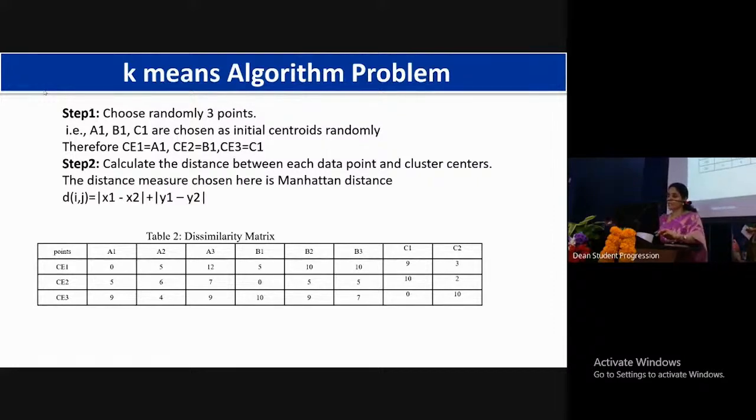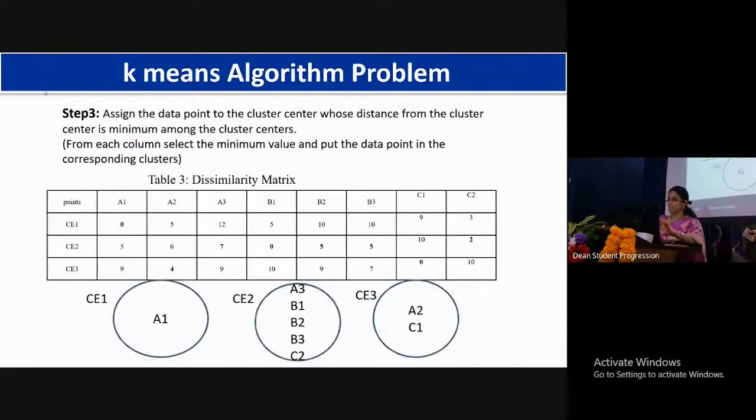Please mind you. So when I do this, I try to group them into clusters. Whichever is nearer to whichever centroid, I call the seed points as centroids. To whichever centroid the points are close enough, I put them into one cluster. So I put them into clusters like this: cluster 1, cluster 2, cluster 3.